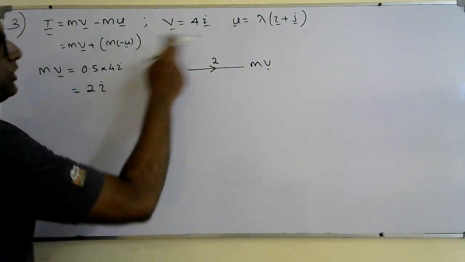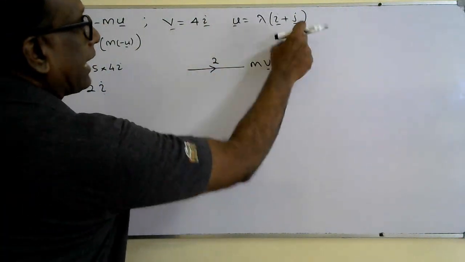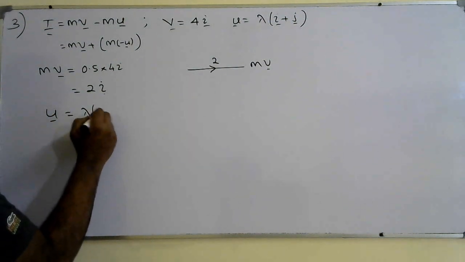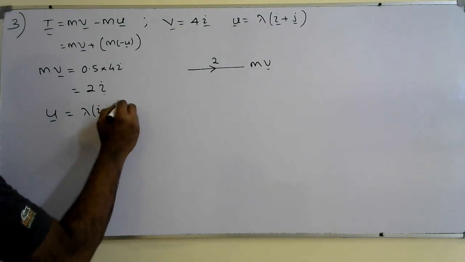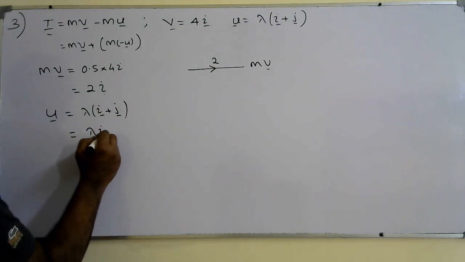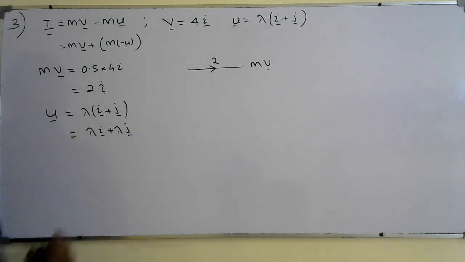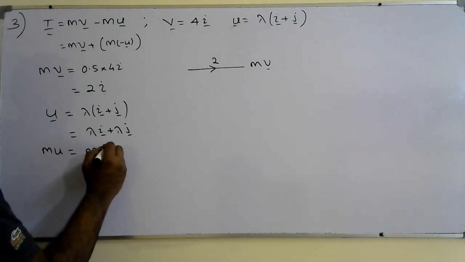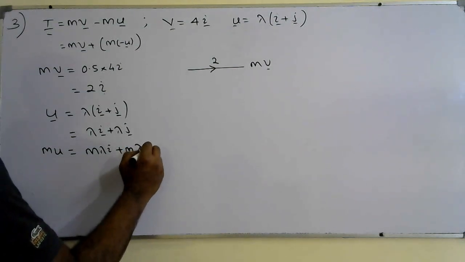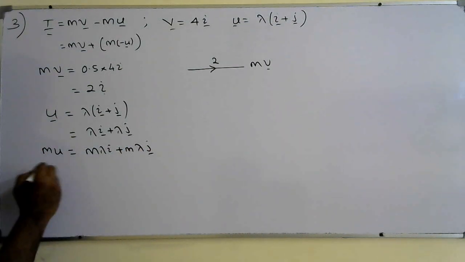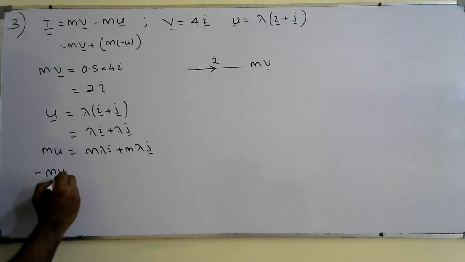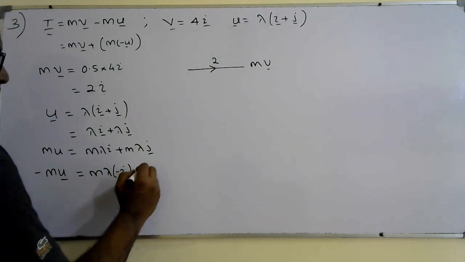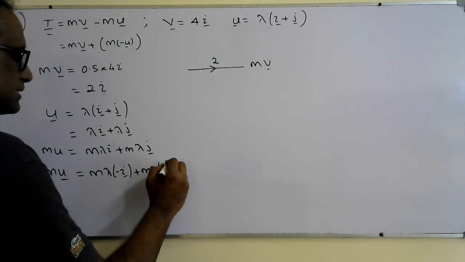Vector u is given as lambda i plus j, that is lambda i plus lambda j. So mu is m lambda i plus m lambda j. Minus mu means minus m lambda i minus m lambda j.